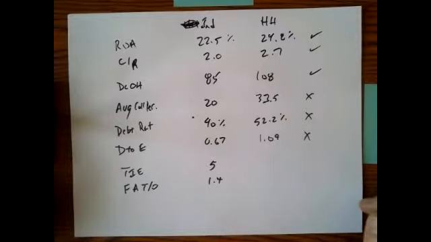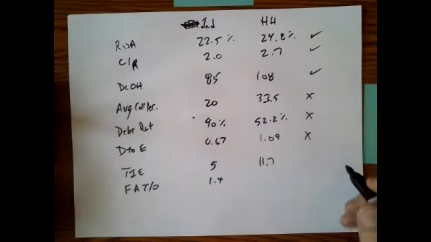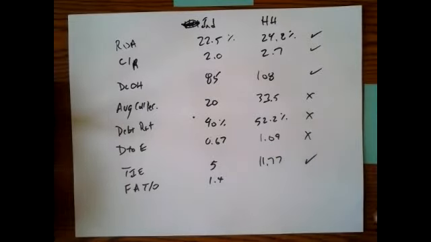Their interest payments are 1,300. So we add that together. That gives you 15,000 and some change divided by their interest payment of 1,300. So that gives them a times interest earned of 11.7 times. So that's good. That shows that they've got plenty of money to cover their interest payments.